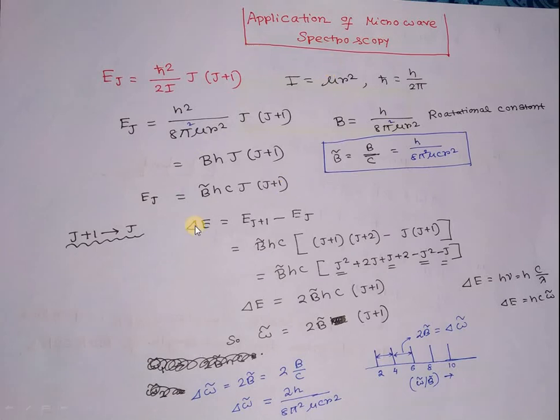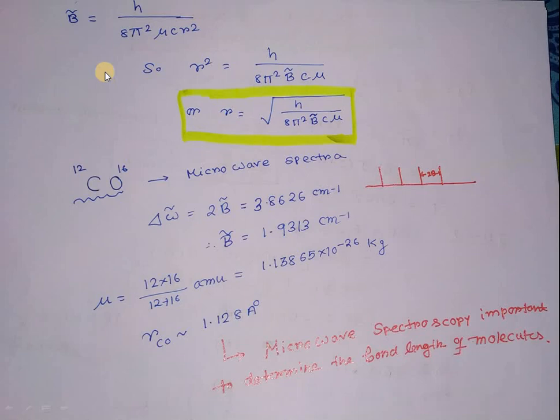Now in this slide I will describe how microwave spectroscopy is used to derive the bond length of any molecule, or any diatomic molecular system. I have already discussed that in microwave spectroscopy you will obtain these types of lines, where the separation between two lines will be equal to 2B bar. The expression of B bar is h by 8 pi square mu c r square.